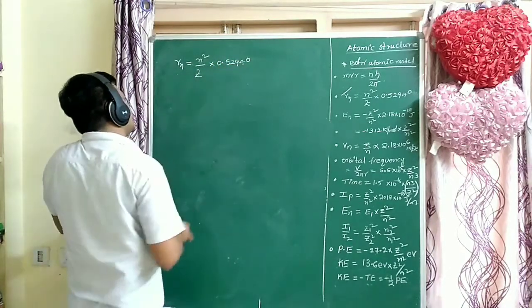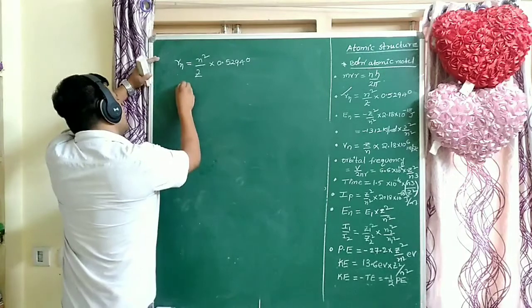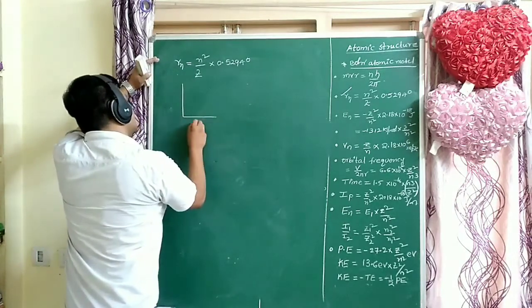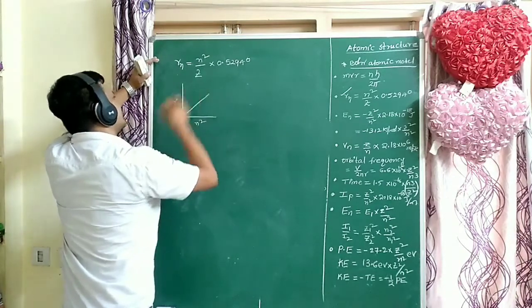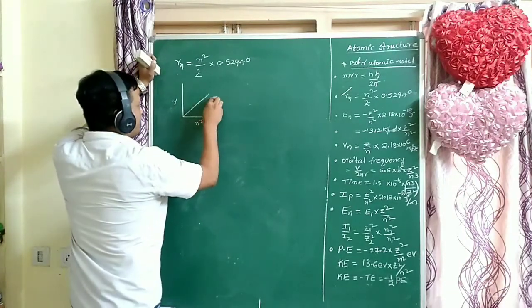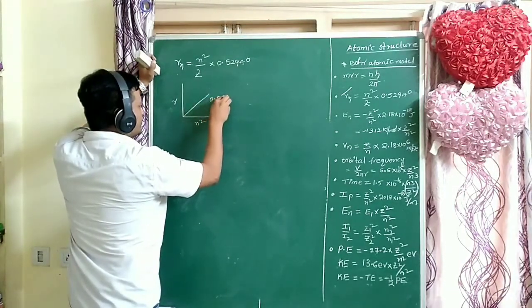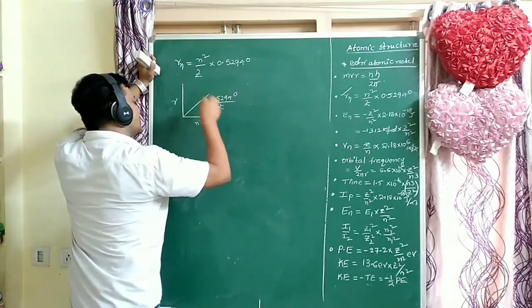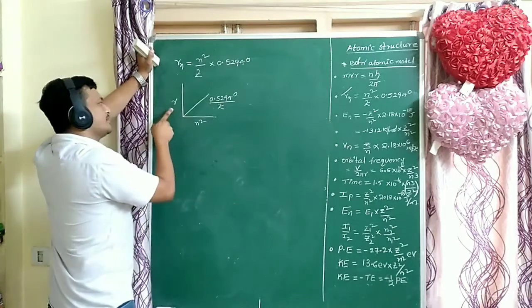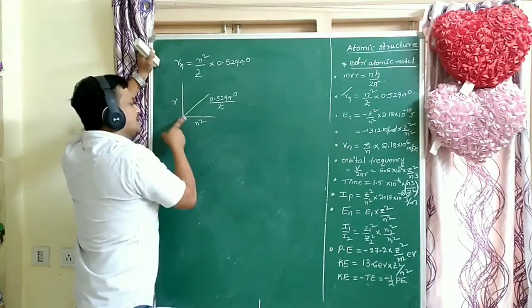The radius of any orbit is directly proportional to n square. As n increases, the radius of the orbit increases. Here the slope is 0.529 angstroms by Z, in the graph between radius and n square.